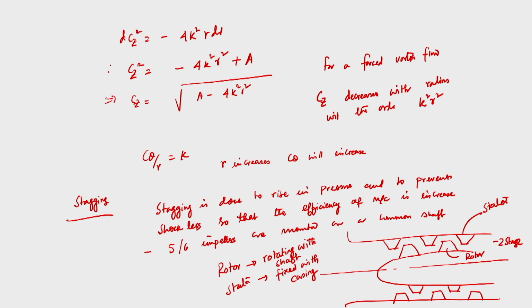So a few impellers are mounted on a shaft only to rise the pressure and to prevent shock loss, so that efficiency of the machine can be increased. We will discuss a few cases, degrees of reaction whenever we are having staging, 2 stage or 3 stage, and what is also known as cascading, probably in one of my next lectures.